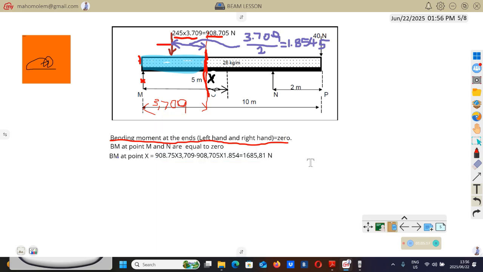So that is the bending moment at x, which is going to be our maximum bending moment.